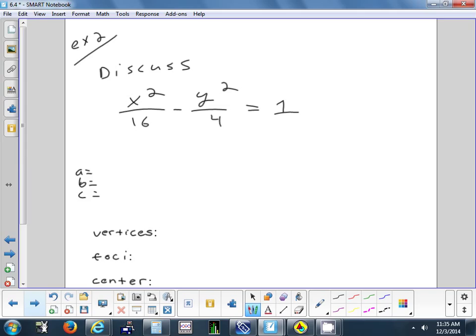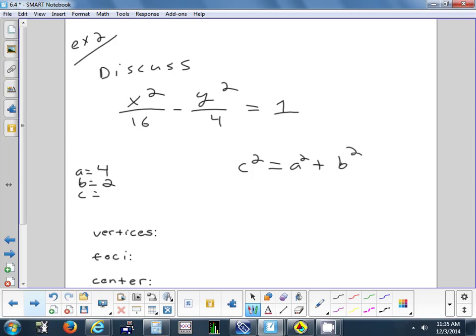Okay, so this is a squared, and then 4 is b squared. So what's a? Yeah, a is 4. Emily, how about b? B is 2. And c? Does the formula have a plus or a minus in it? Has a plus.